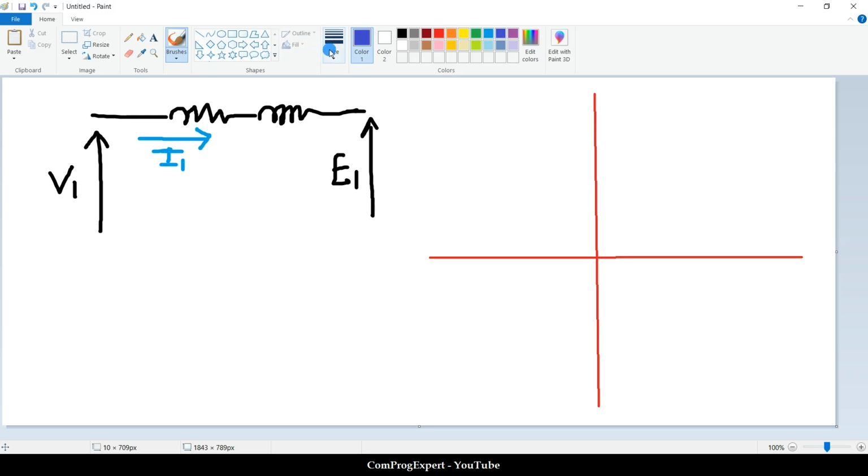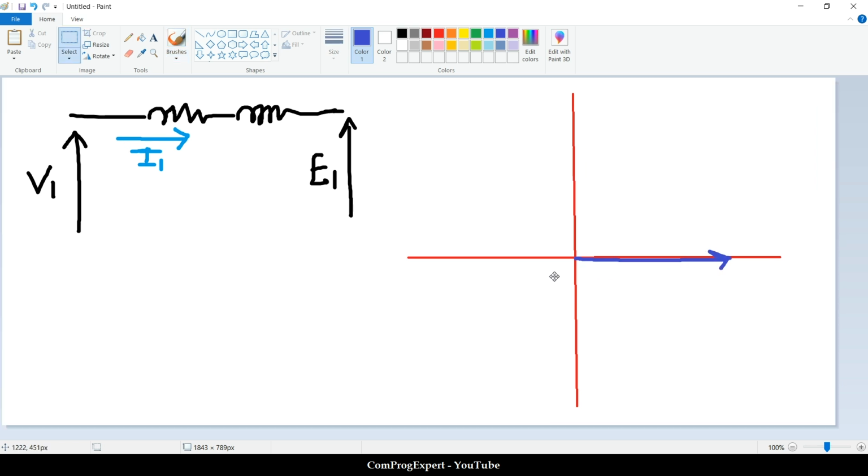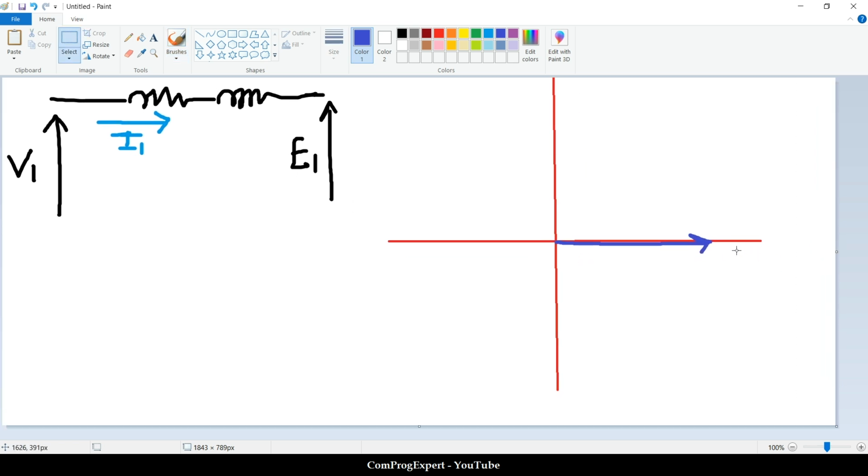So this is E1, and this is the value of the current, I1. Let me plot an exaggerated value for the voltage drop.